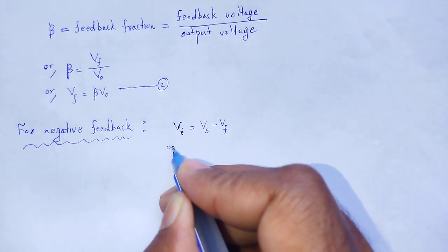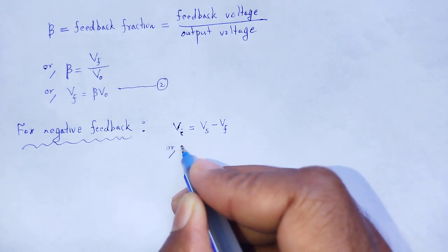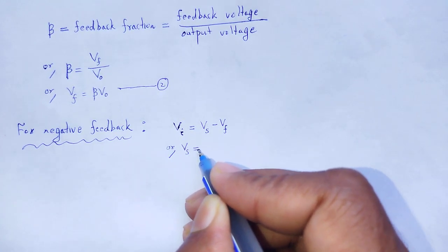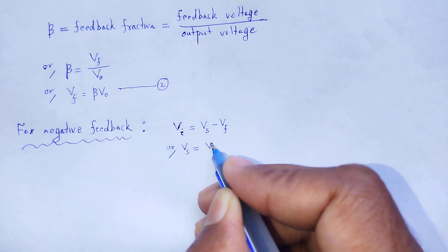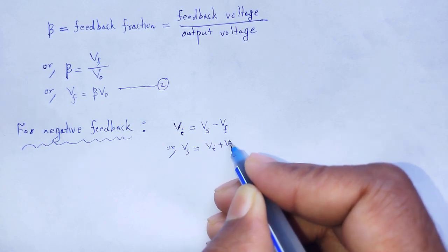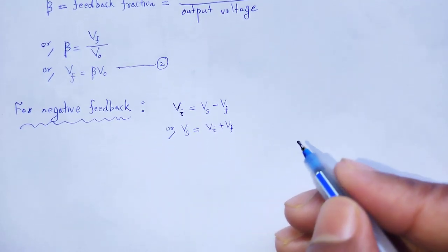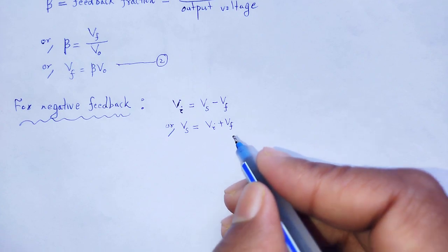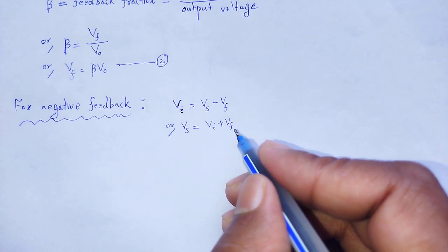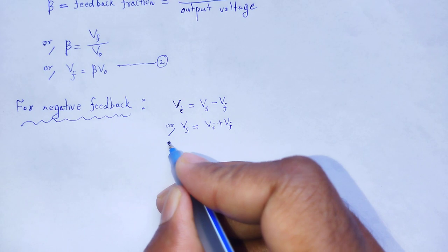As a result, Vs is equal to Vi plus Vf. The value of Vf is put here.